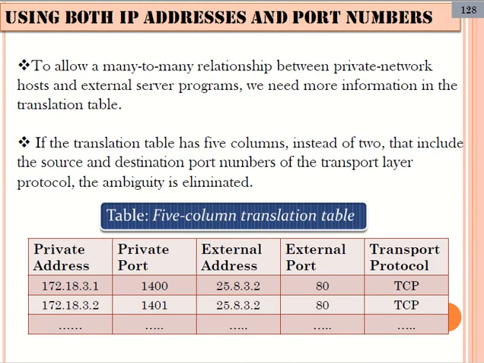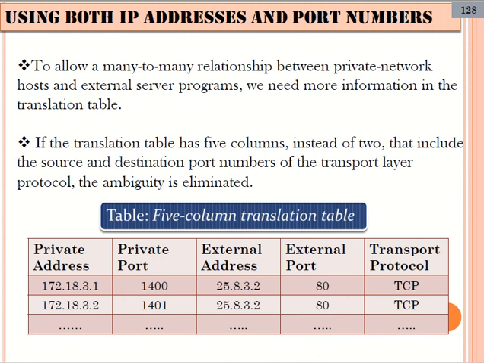Using both IP addresses and port numbers, to allow a many-to-many relationship between private network hosts and external server programs, we need more information in the translation table. If we are able to maintain more data related to one particular network, then we can go with a many-to-many relationship.